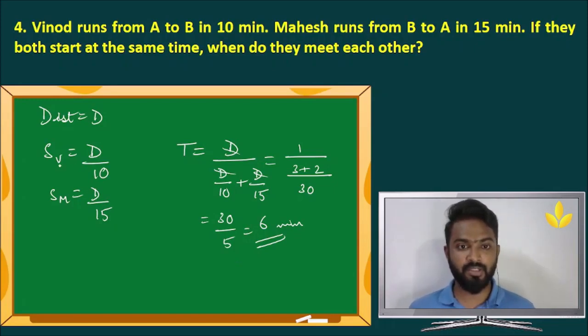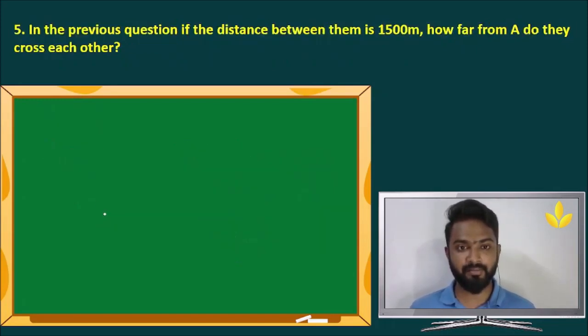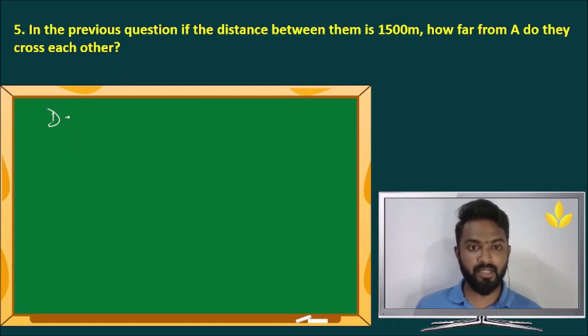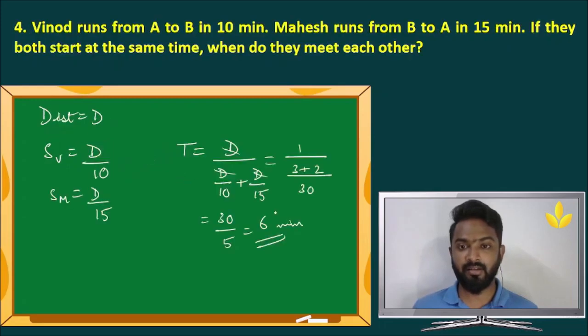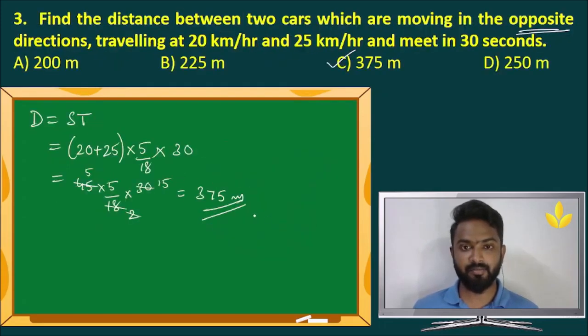Now Vinod's speed is d by 10, and here they have mentioned that d equals 1500. So speed of Vinod is 1500 by 10, 1500 meters by 10 minutes. That is nothing but 150 meters per minute. So how much distance did Vinod travel in 6 minutes?